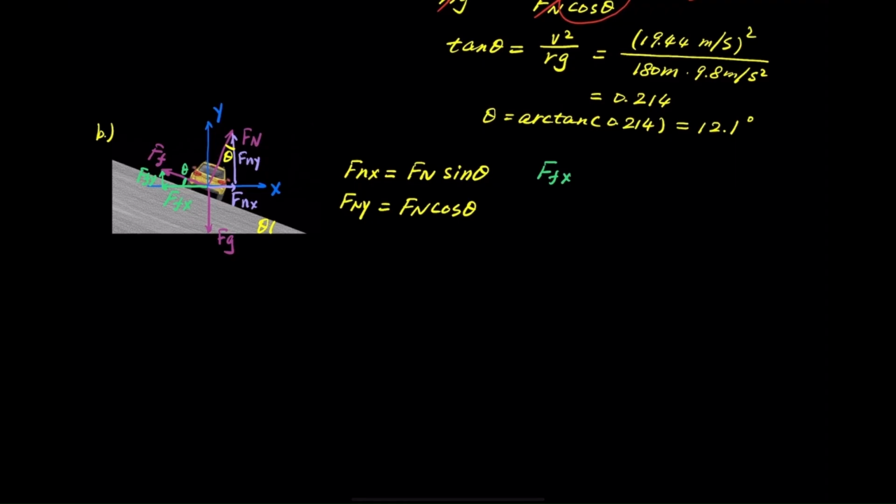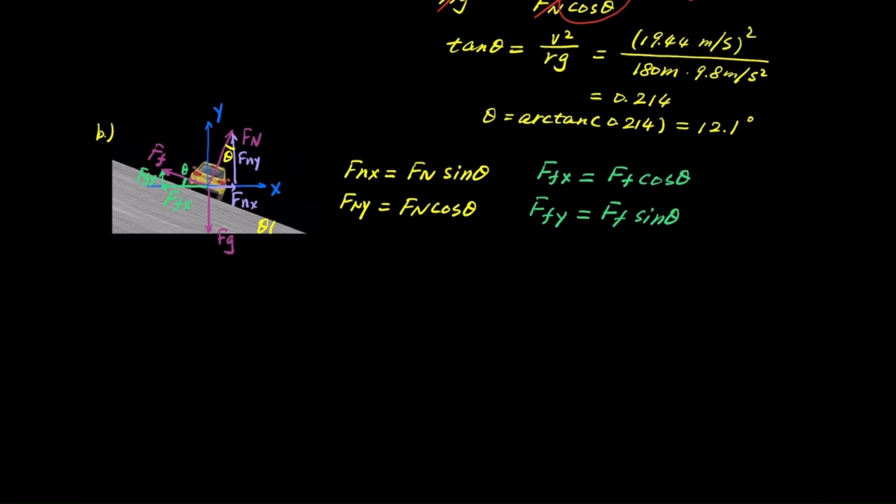It is the adjacent side of the angle theta, so it equals Ff cosine theta. And the y component, Ffy, is the opposite side of the angle theta. So we have Ffy equals Ff sine theta. Now all the forces are along either the x or y axis, so we are ready to find the net forces.